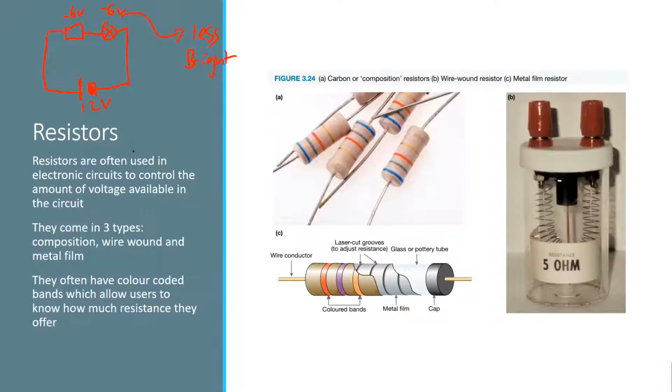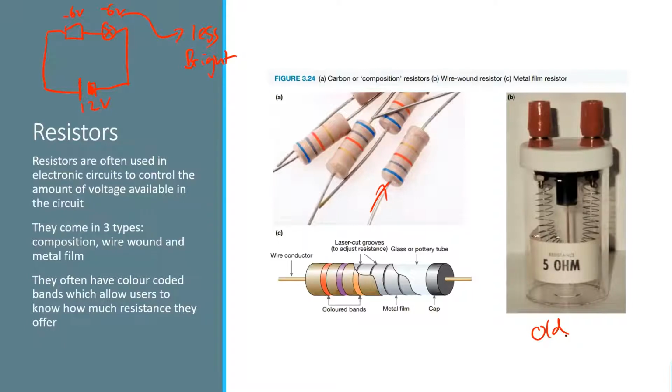There are 3 types of resistors. The first type is a composition resistor. Composition resistors usually have carbon in them, and they impede the flow by carbon. The next one is wire wound resistors. These are old, but you can still find them.